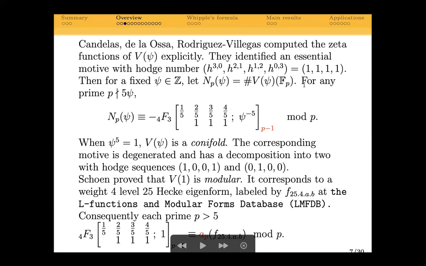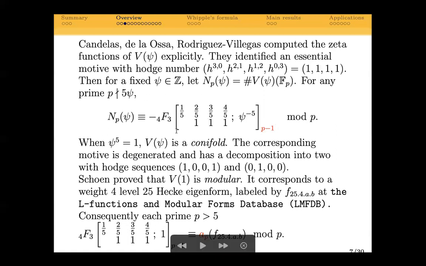For any prime number p that doesn't divide the parameter, the number of solutions, if you do the naive count, is going to be congruent to the same hypergeometric function. Here, lambda is written as psi to the -5. And the subscript p-1 means I'm going to do the truncation. Instead of doing the summation k from 0 to infinity, I stop at k equals p-1, so it's going to be a finite sum.